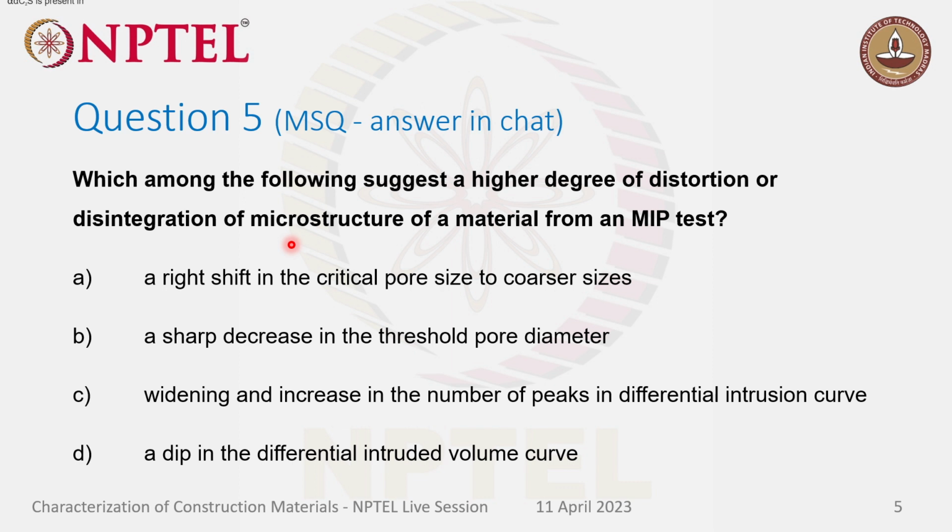Or else consider a sample subjected to marine exposure or any other chemical environment which will affect or disintegrate the microstructure of the material. So in that case, what can you expect from the MIP test? From the following options, which can be observed? It has more than one option, so please go through all the options.